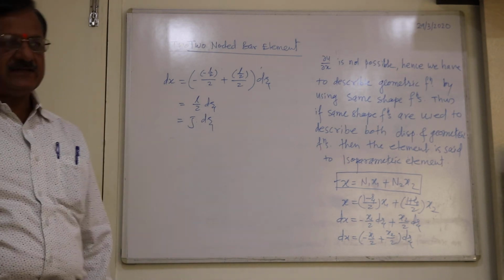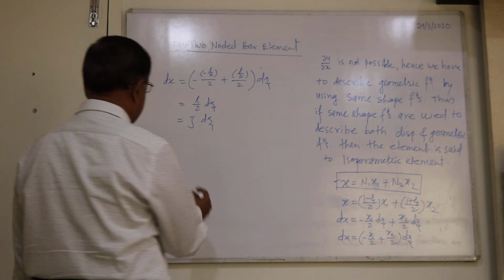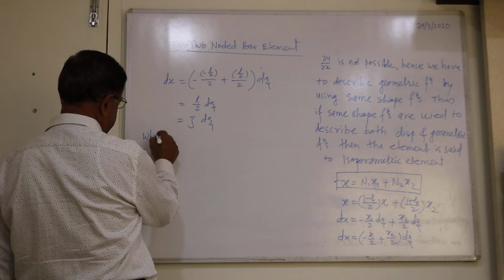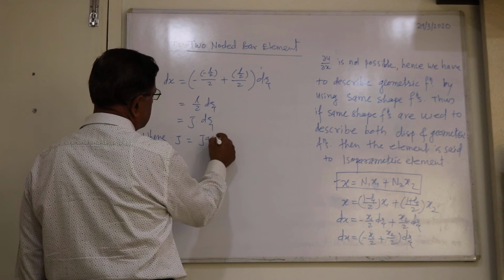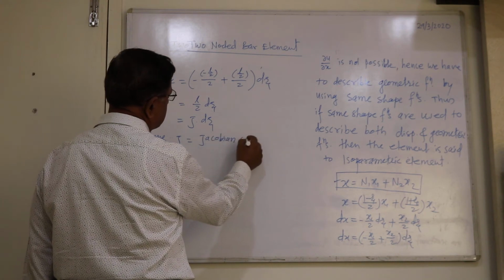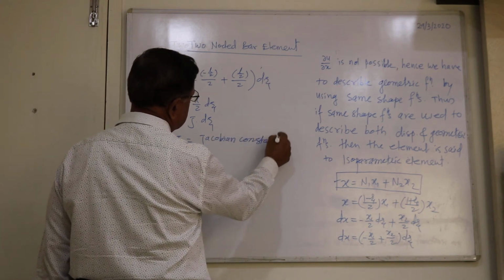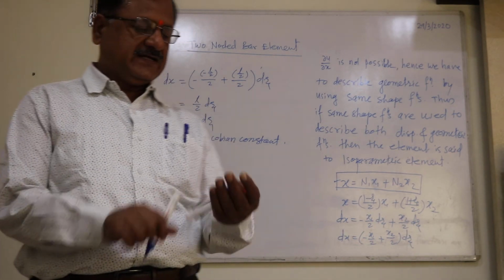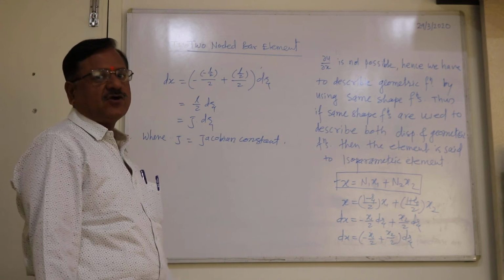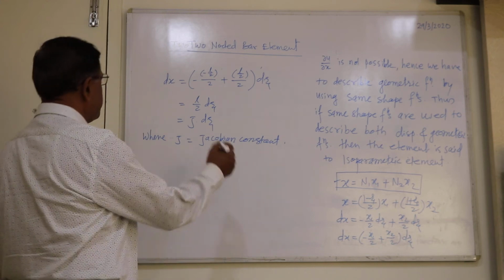So what is J? Here J is called the Jacobian constant. If it is a 2D or 3D element, then you will get J as a Jacobian matrix.